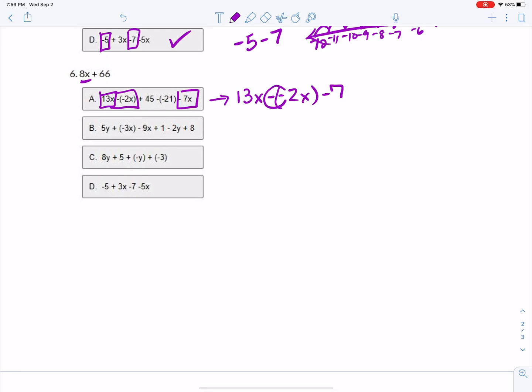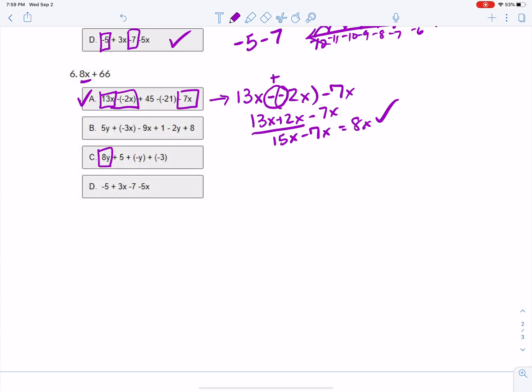I have two negatives next to each other that turns into plus. 13x plus 2x minus 7x. This becomes 15x minus 7x equals 8x. We got lucky. So A is the answer, but let's check just to make sure.